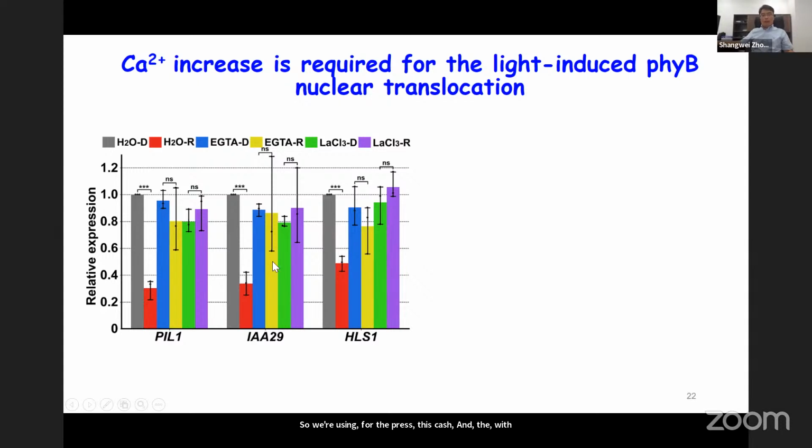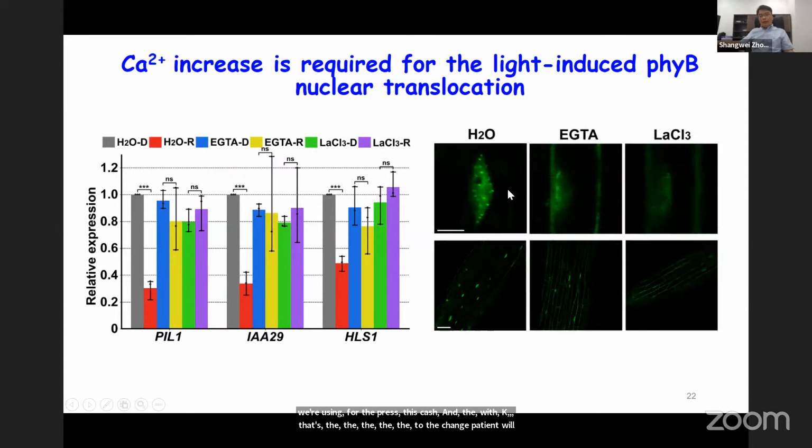More importantly, we found that the light-induced 5B nuclear translocation was also repressed. Therefore, this calcium increase is required for the light-induced 5B nuclear translocation. This is a very exciting finding. So we then wanted to know how this calcium signaling can regulate the 5B nuclear translocation.